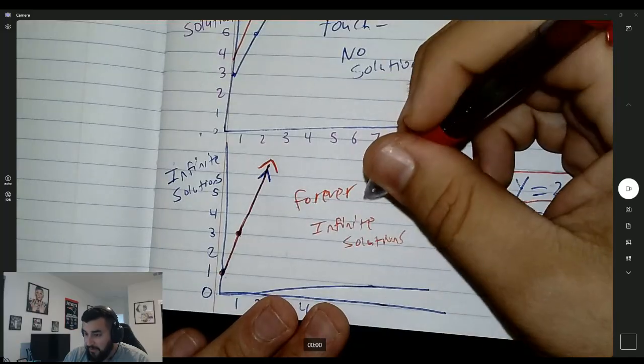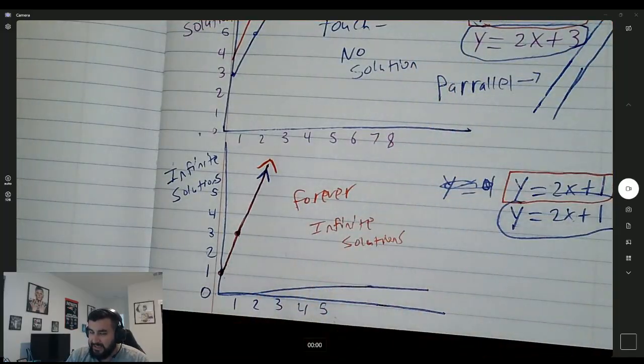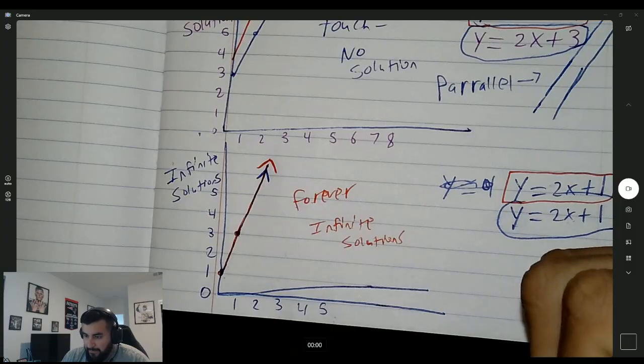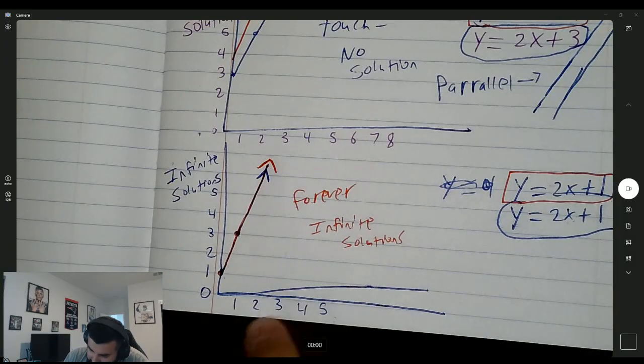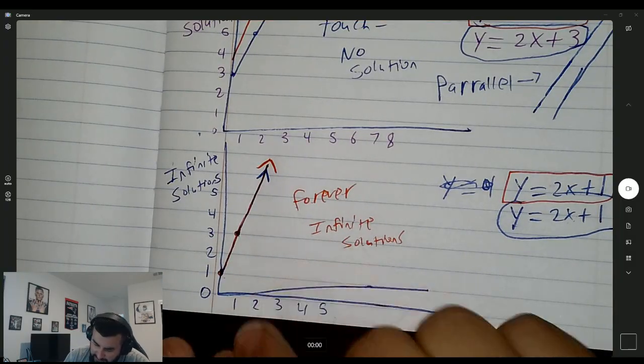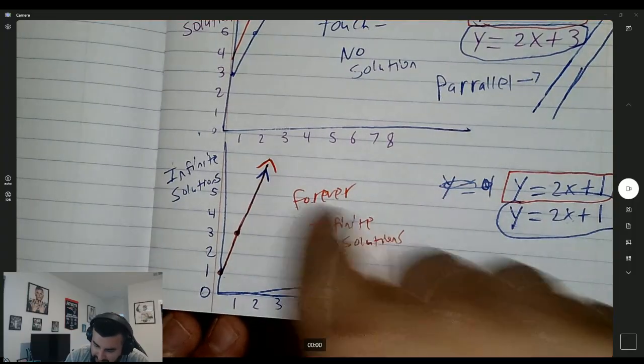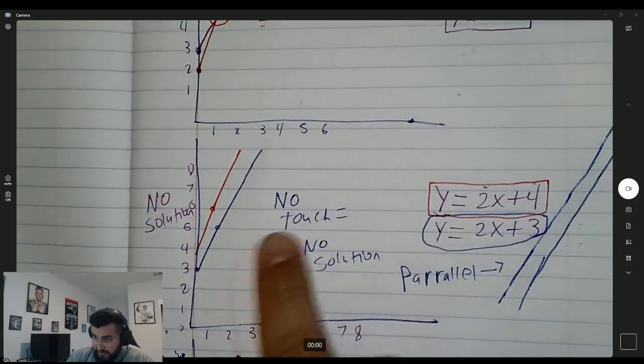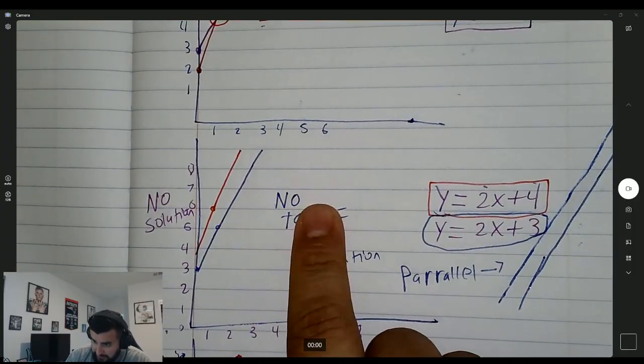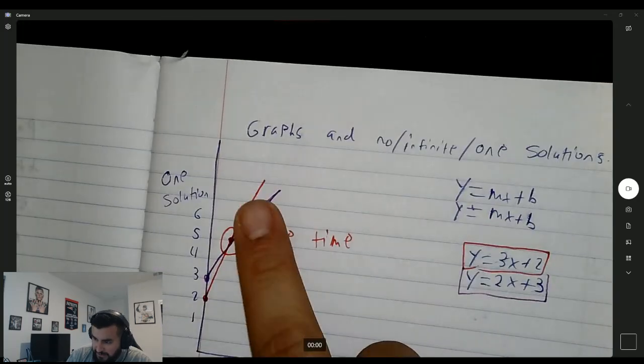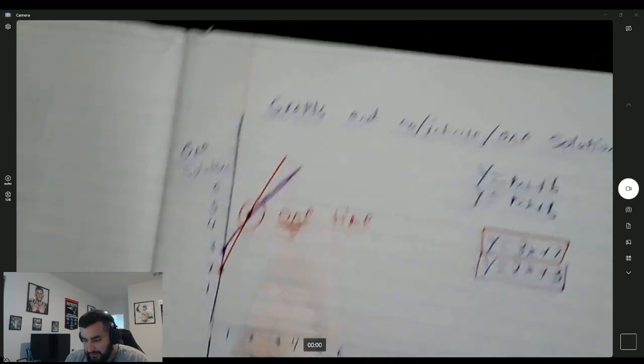And I don't know if you know this, but forever and infinite are basically almost the same word, right? An infinite amount, a forever amount. So kind of keep that as like a shortcut for your brain. Touch forever, infinite solution. Touch no times, no solution. Touch one time, one solution.